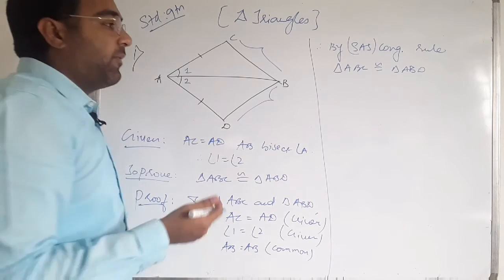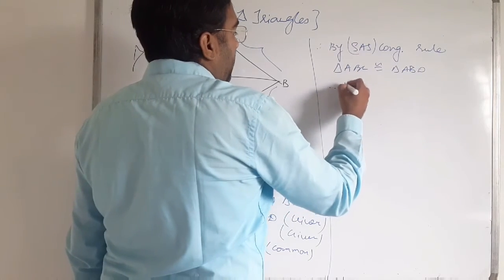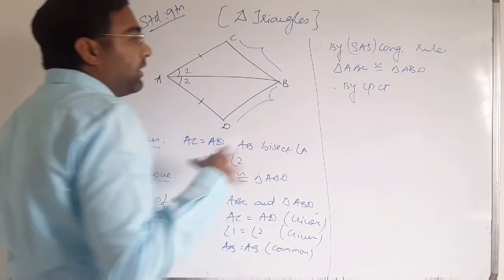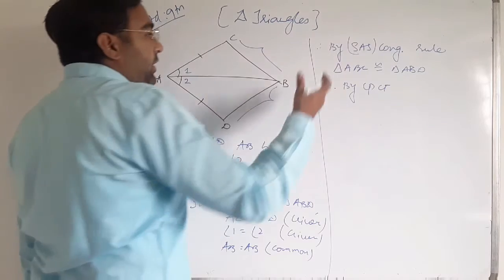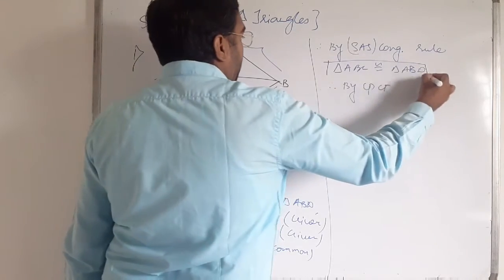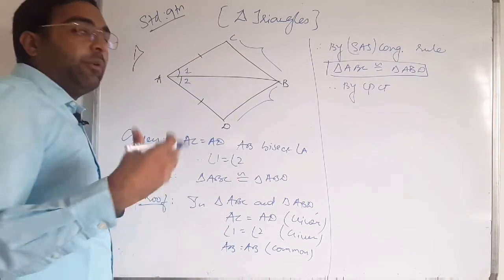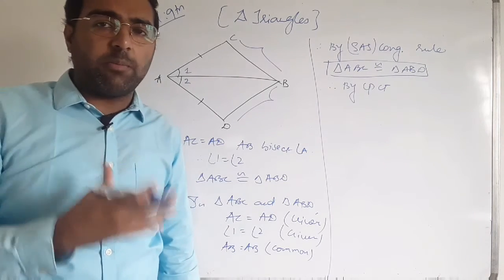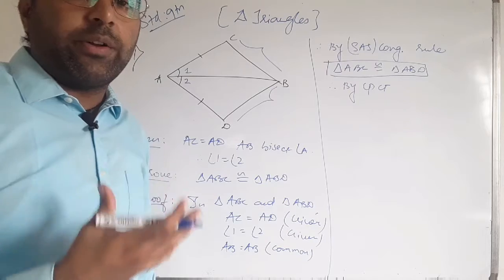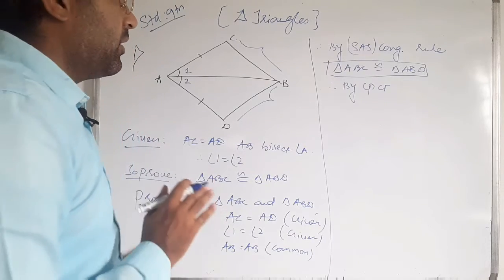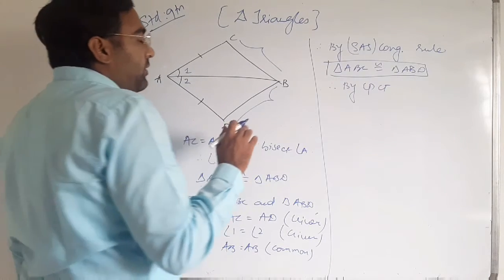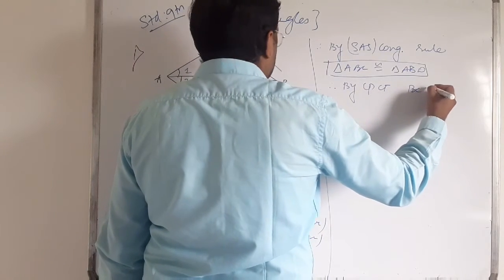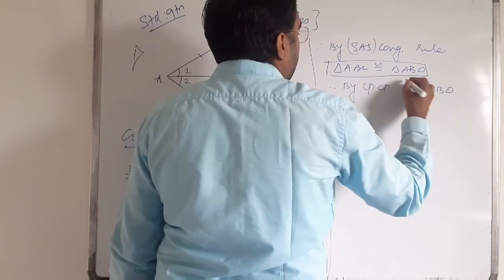Therefore by the CPCT rule, corresponding parts of congruent triangles: now that we have proved both triangles are congruent, the remaining parts of the congruent triangles are also equal. So by CPCT rule, BC is equal to BD.